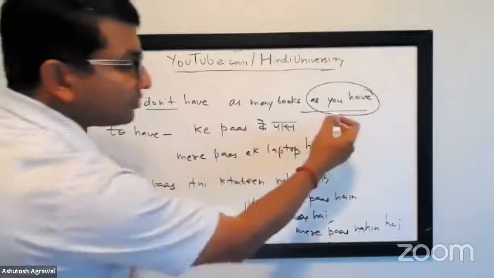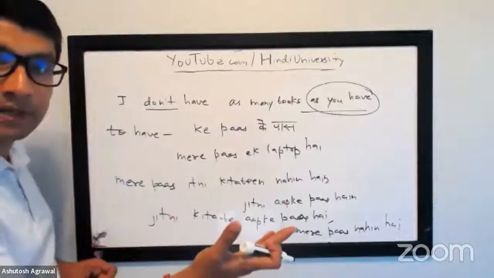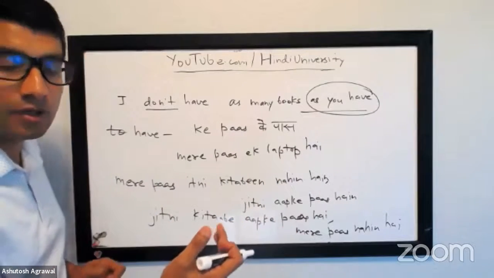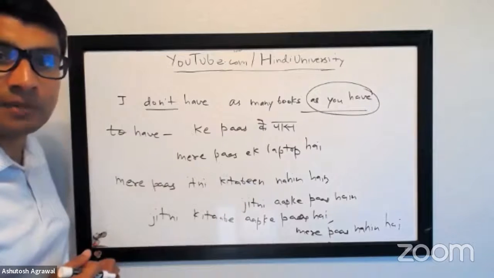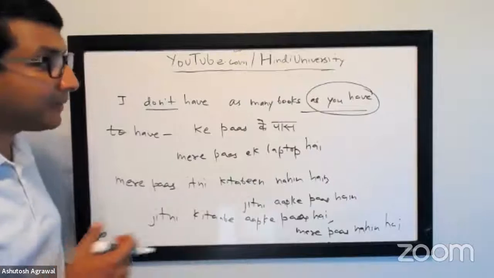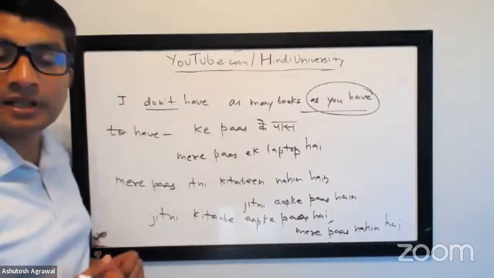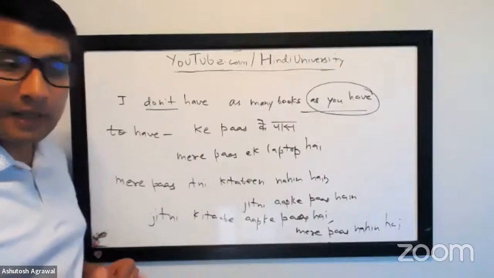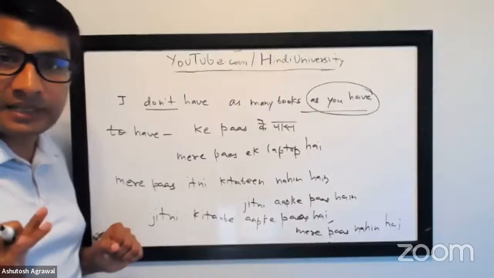So because this is your point of reference, आप जितने लंबे हो, how tall you are, और आपके पास कितनी किताबें हैं, how many books you have, right? And the corresponding उतनी मेरे पास नहीं है.